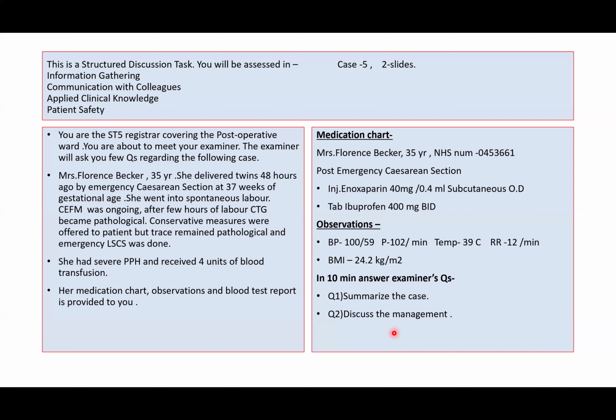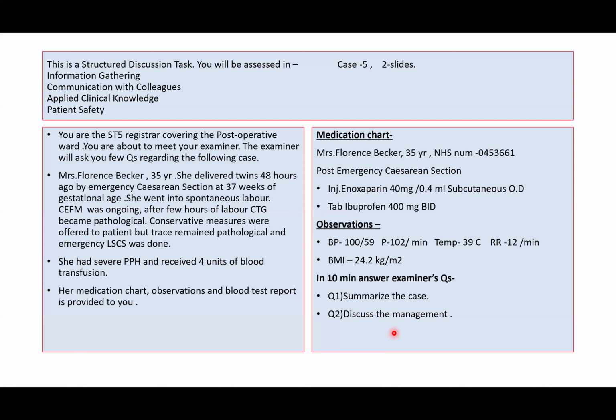So as I told you, I will take a detailed history. In the history, I would like to know, especially during pregnancy, whether she had regular follow-up, whether she was already anemic during pregnancy, about her overall general condition, and whether she had a history of UTI. I would like to review her antenatal case note.